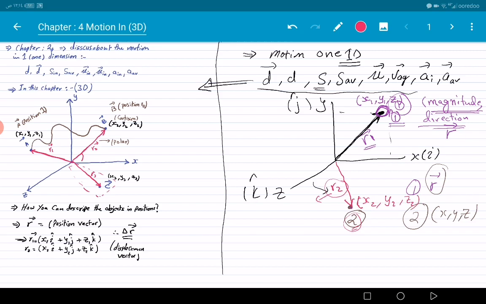If I want to find the distance, for example, this object moves like this, so I can add up all this distance from the first to the end. But in vectors we use displacement. What is the meaning of displacement? It is the shortest path between the points.